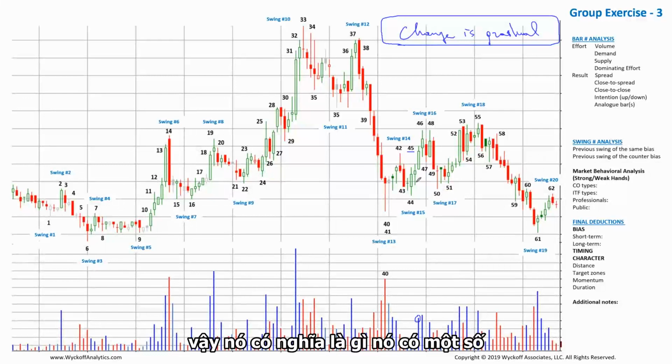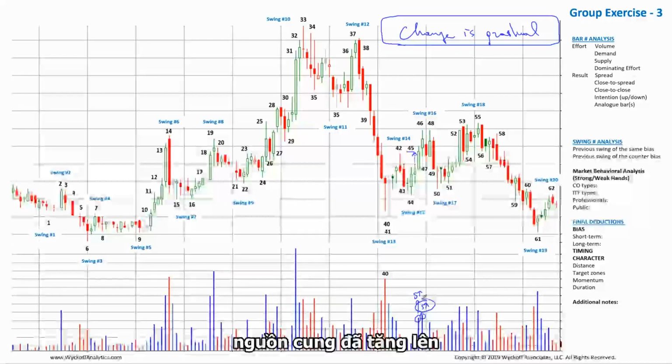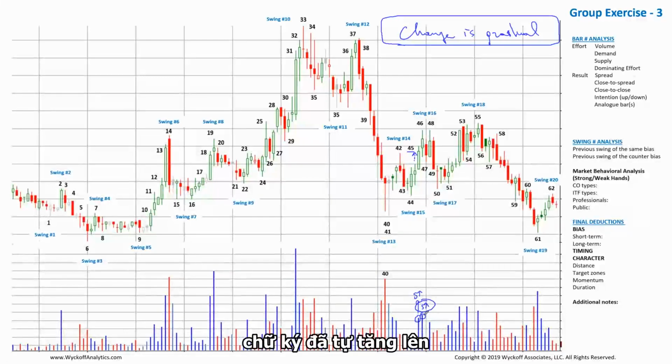So what does it mean? It has some suggestion that supply has come here. Yet the result is still favorable, so that supply is small and does not produce a lot of result to the downside. Then at 46, that supply has increased. How do we know this? Well, the volume signature has increased by itself. That's number one. So supply has increased.